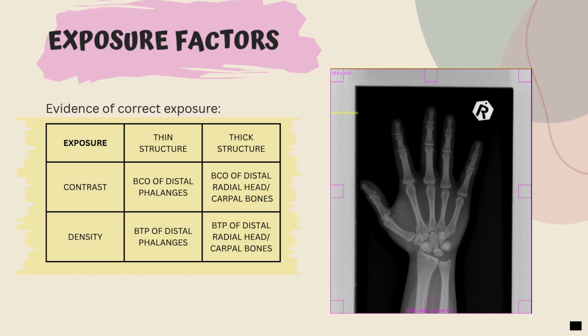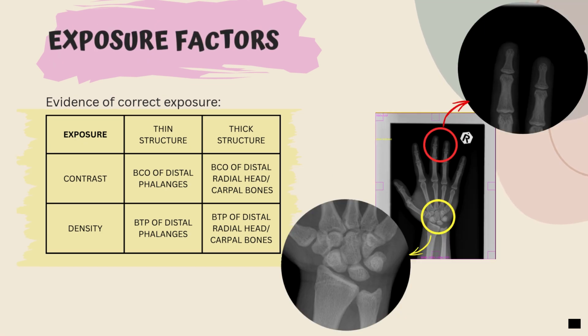To determine whether the exposure factors used are sufficient, we can use both thin and thick anatomical structures in the image as the guideline. To evaluate the contrast, we assess the visibility of the bony cortical outlines. For thin structures, we look at the distal phalanges, and for thick structures, we can look at the carpal bones and the distal radius and ulna.